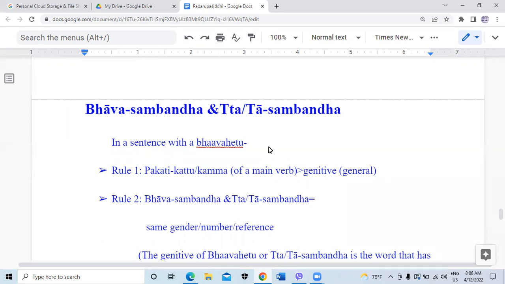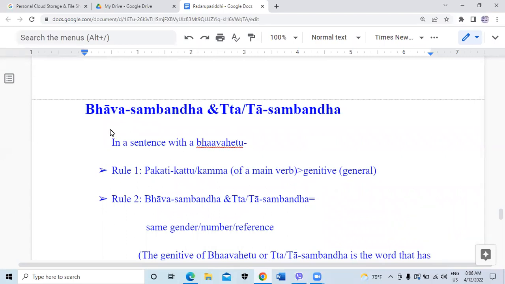So when there is a word that shows reason in a sentence, at that time, in my experience, I experience this from not knowing this Bhava Sambandha and Taddhitakaṇḍa Sambandha.